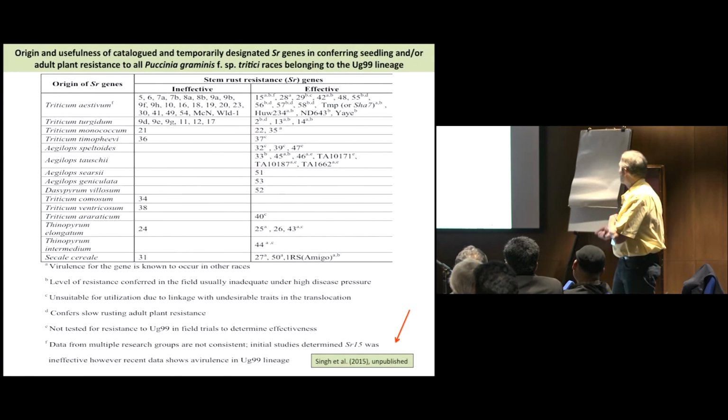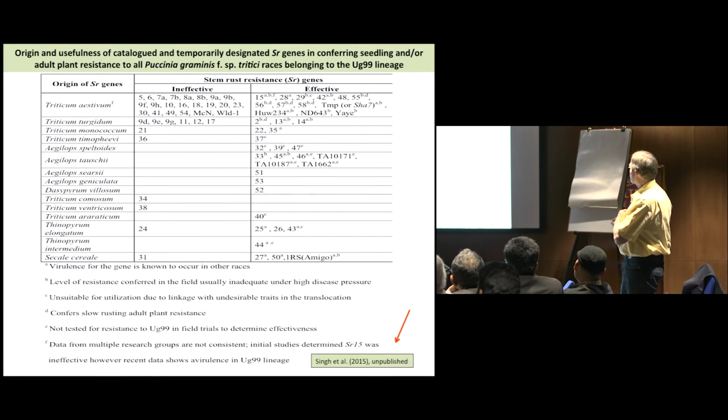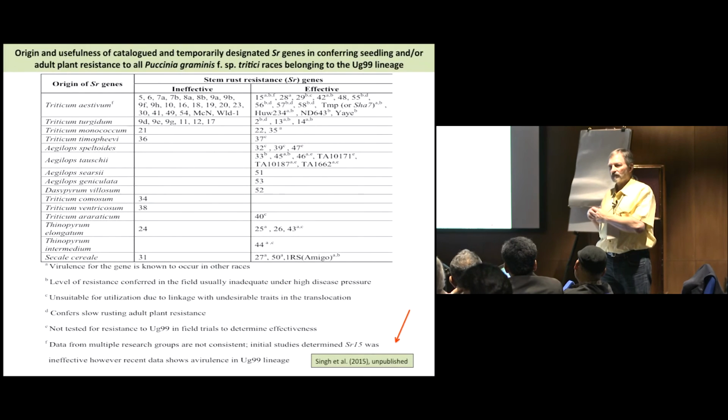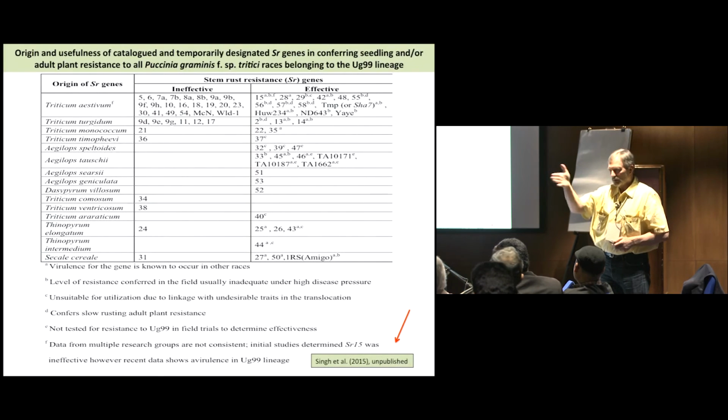Let me go back here and make sure you understand that these genes confer seedling and/or adult plant resistance. Does everyone understand the difference between a seedling test and an adult plant evaluation? A seedling test is done in the greenhouse with seedlings this big, and Sarala Sharma will show us some when we get to her lab.